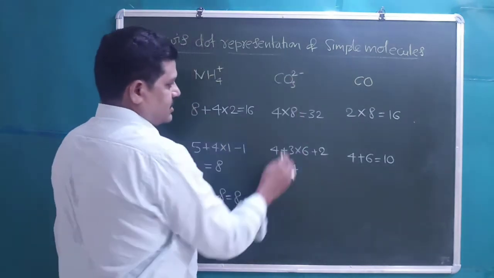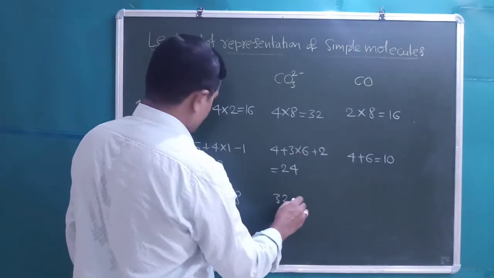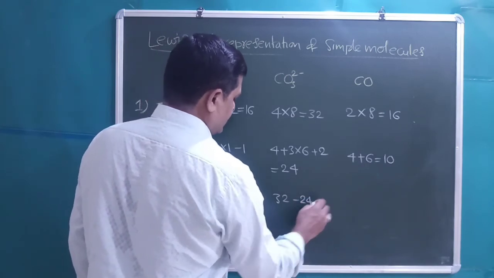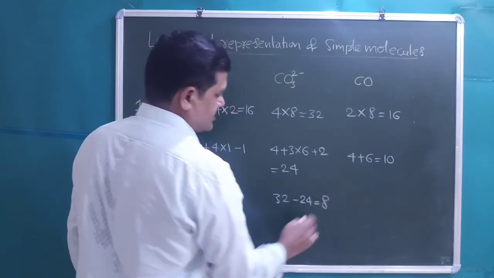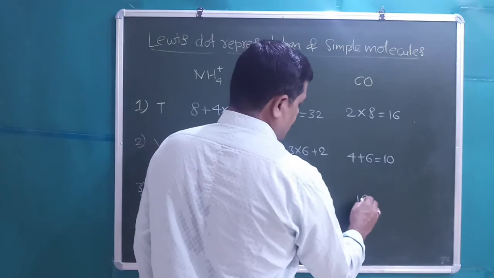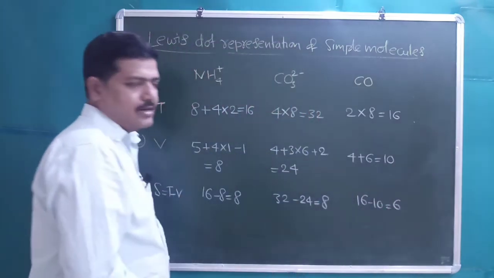And for CO3 2 minus, shared electrons is total minus valence electrons, which is 32 minus 24, so 8 electrons are shared, right? For CO, 16 minus 10 is equal to 6 electrons shared, right?